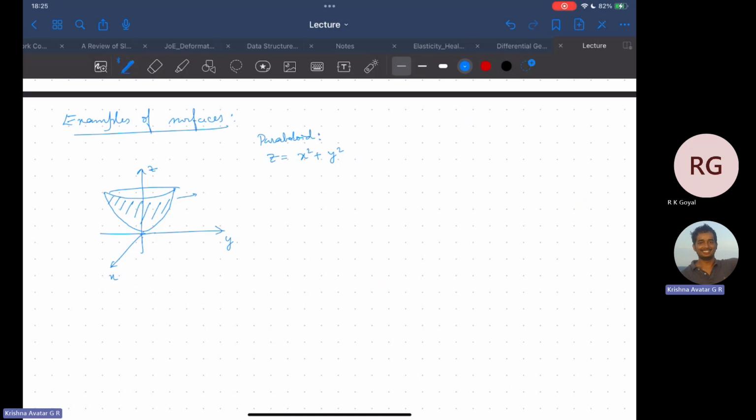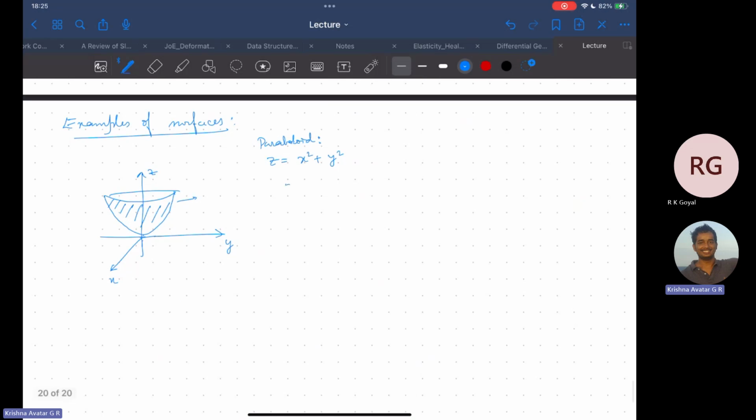From the look of it, it seems to be just a Cartesian relationship, but how do we write it in parametric form? We take u equal to x, v equal to y, and then sigma vector takes u and v as input, and the output is: the x coordinate is u, the y coordinate is v, and the z coordinate is u squared plus v squared.